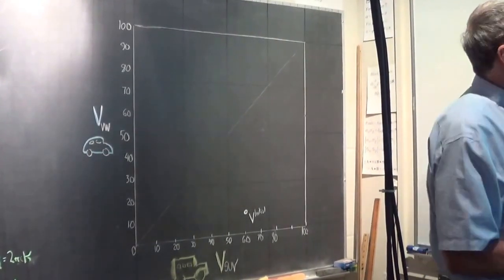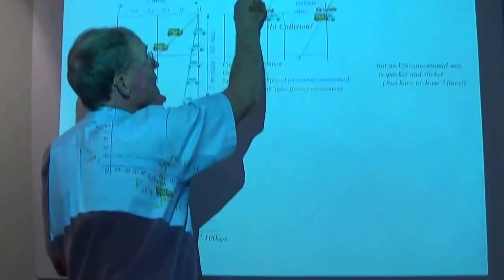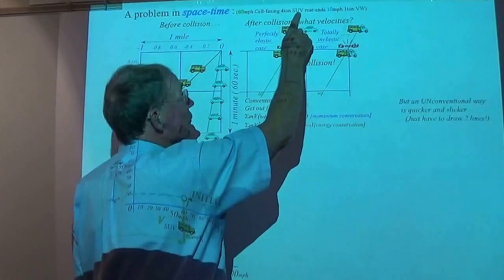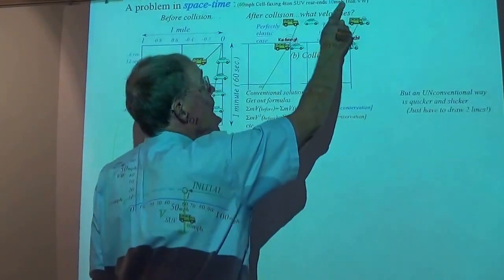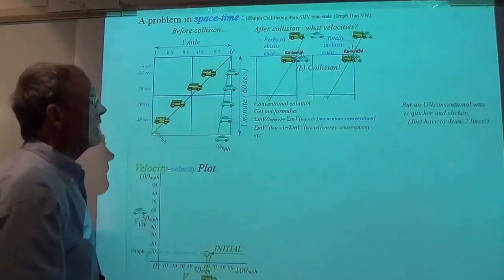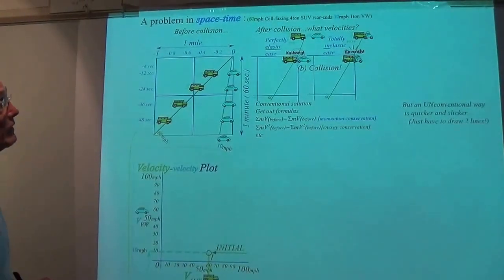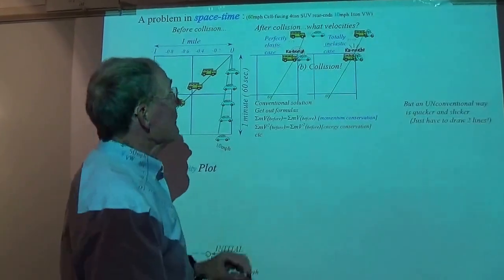Now the thing that is mentioned in this vignette: 60 mile an hour, 4-ton SUV rear-ends 10 mile per hour, 1 ton VW. Now those aren't the exact numbers. Actually, VW now is close to 2 tons. As I say, it's been gussied up.